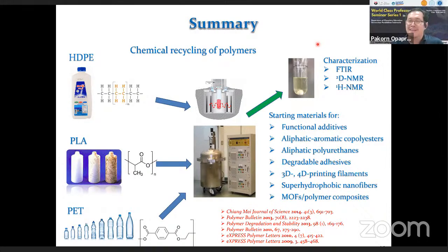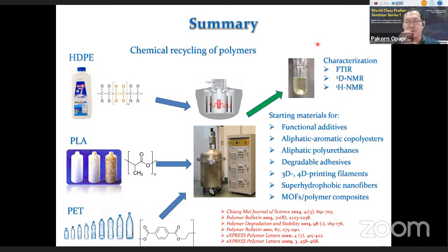So I have given the detail on our work that focuses on the chemical recycling process, which lines up, or aligns, with the concept of circular economy, right? We want to complete the loop of products that are made from polymers.